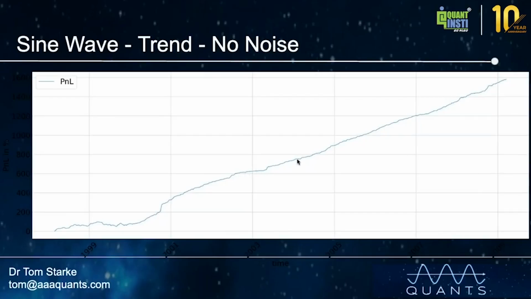And then when we have a transition over to the trend, which is around this halfway mark, it very easily transitions to trading a trend as well, and keeps making consistent profit. Now, of course, these curves are very idealized because they don't have any noise, and so unfortunately, the reality is not as good as this.